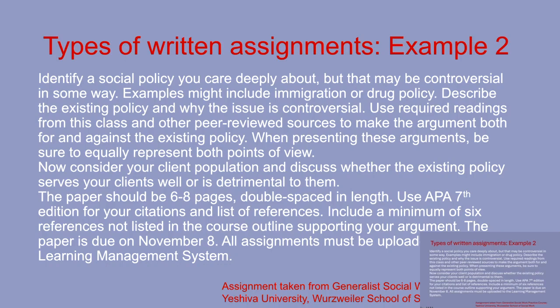When presenting these arguments, be sure to equally represent both points of view. Now, consider your client population and discuss whether the existing policy serves your clients well or is detrimental to them. And then again, it goes into a little bit more detail on how this paper should be submitted.